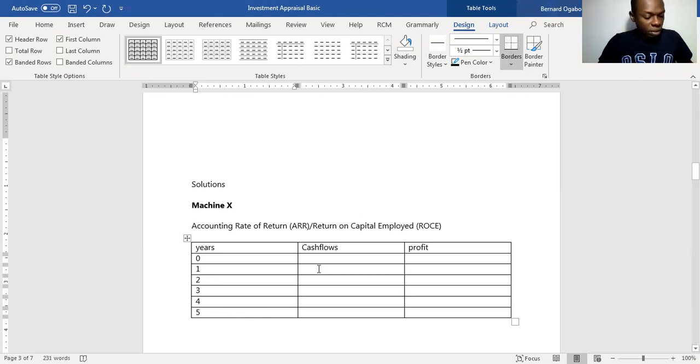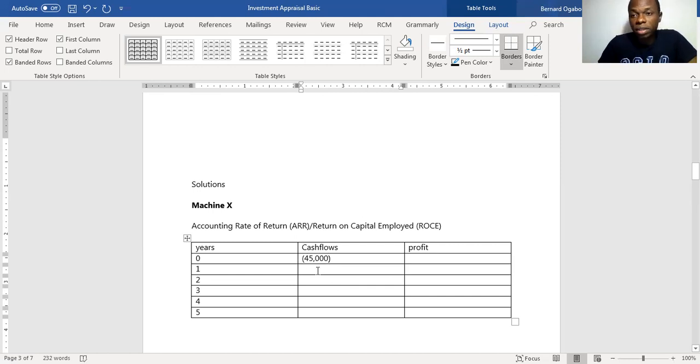Cash flows, as you see from the question that you have, don't forget that we're looking at machine X. Cash flows, we have outflows, we have 45,000.